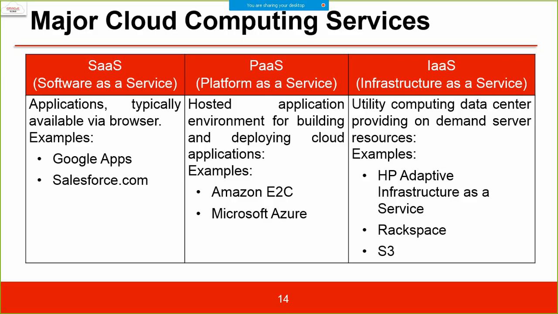We have platform as a service. Platform is basically a hosted applications environment for building and deploying cloud applications, like Amazon EC2, Elastic Compute Cloud, and Microsoft Azure. These are platform as a service. But when we say infrastructure as a service, it is utility computing, a data center providing on-demand servers, the server resources, like HP Adaptive Infrastructure or Rackspace or S3. Even IaaS is offered by OCI.